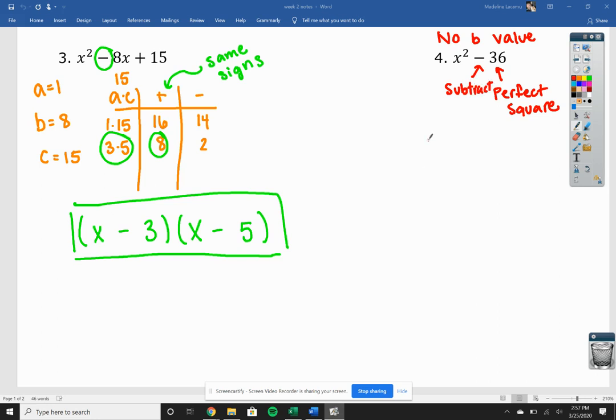So if it's all of that, this is where we're going to use that difference of squares trick we learned. Now, if you don't remember this trick, you can still make your chart and find the b value that's 0. It'll still give you the answer.